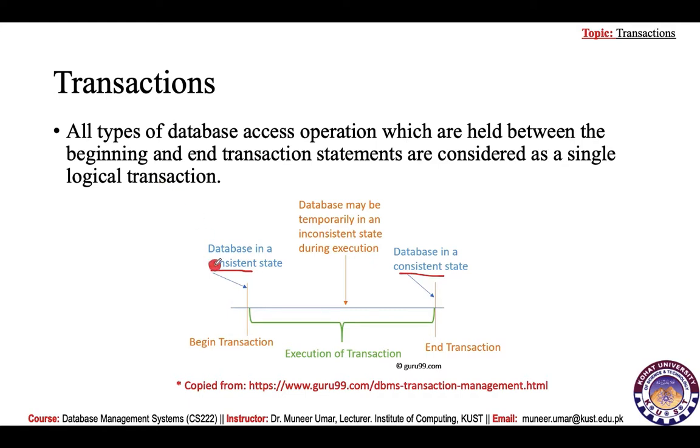If this block is executed well, meaning all the statements in it are executed, then the database will be in another consistent form. And in case the block is not executed well, some of the queries fail, or for some reason they are not executed, then the transaction is reverted and the previous consistent form is rolled back.